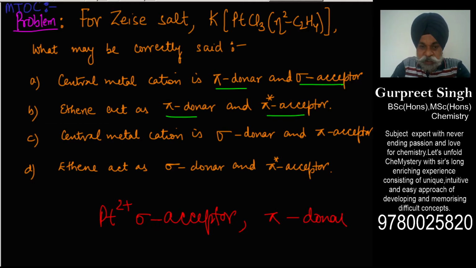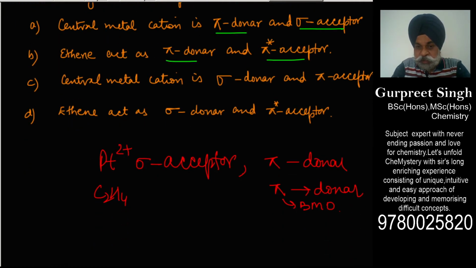On the contrary, ethene is donating pi electron density from its bonding molecular orbital to the vacant dsp2 hybrid orbital of platinum.